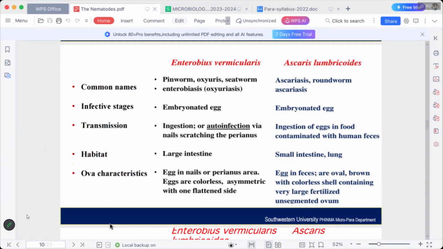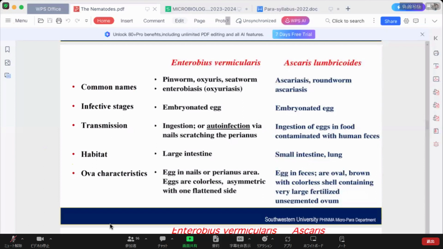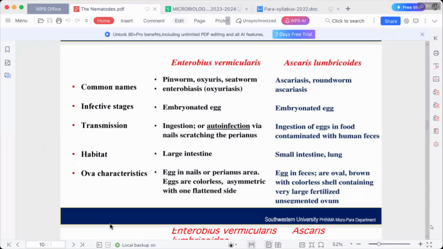Compared to Ascaris, ascariasis, or your roundworm infection, this is also one of the most common parasitic infections that you encounter, or even experience during childhood.